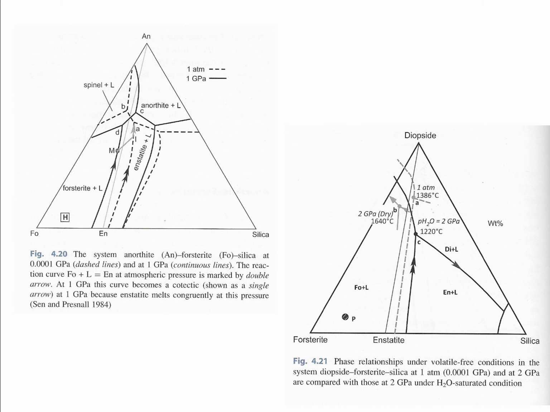So here, for example, we have the triangle between anorthite, forsterite and silica. We have here forsterite plus liquid, here we have the silica, here we have anorthite plus liquid. And here we have the pressure at 1 atmosphere, that is 1 bar, shown in dashed lines. 1 gigapascal is shown here in the solid lines.